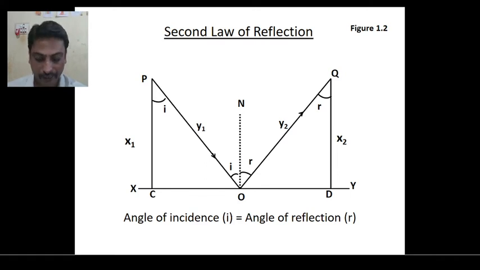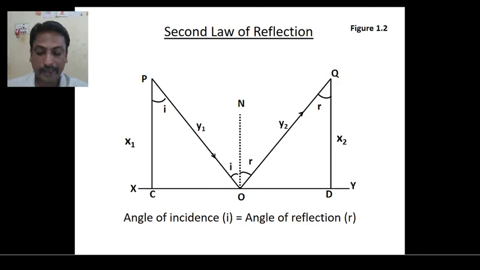So if I differentiate the above equation, dt will become equal to 1 by c into x1 into the differentiation of sec i, which is sec i tan i di, plus the differentiation of sec r, which is sec r tan r dr. So dt will become equal to 1 by c into (x1 sec i tan i di plus x2 sec r tan r dr). Since dt is equal to 0, I can equate 1 by c into (x1 sec i tan i di plus x2 sec r tan r dr) equal to 0.